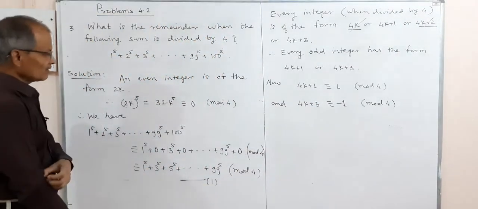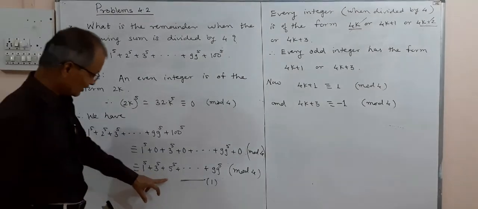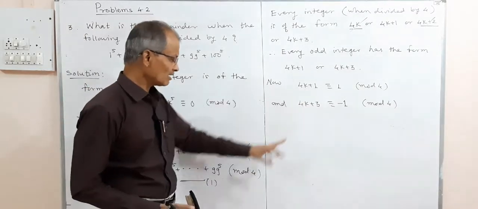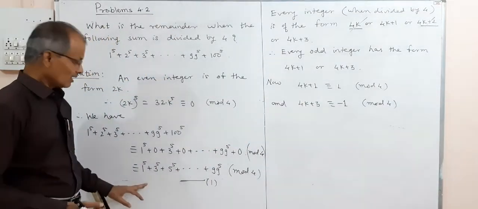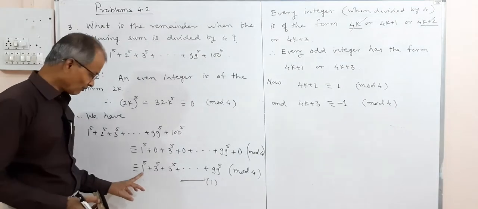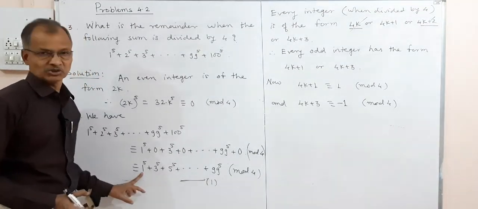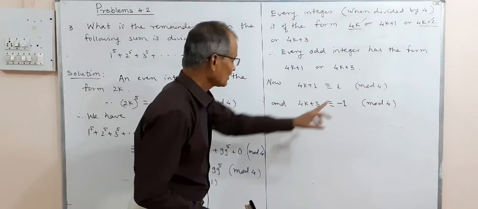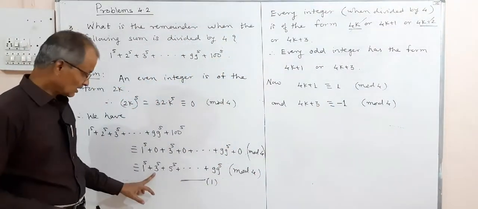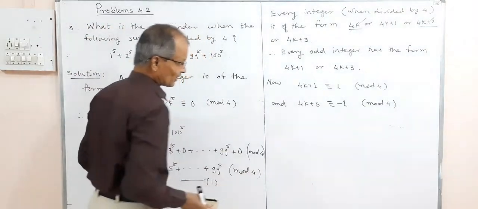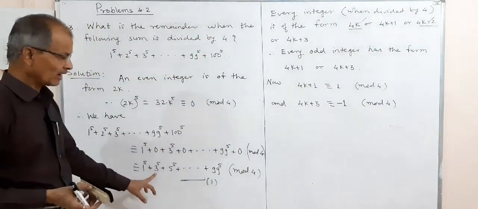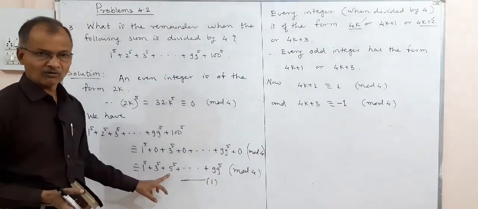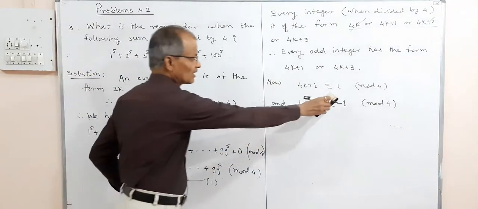Now you see these odd integers are of the form 4k plus 1 or 4k plus 3. Now 1 is the integer of the form 4k plus 1, where k is 0, and therefore 1 raised to 5 is congruent to 1. Now what about this 3? This is of the form 4k plus 3, where k is 0, and therefore this is congruent to -1. So -1 to the power 5 is again congruent to -1.